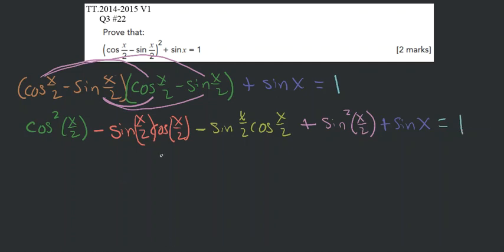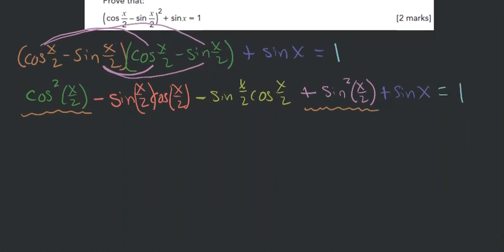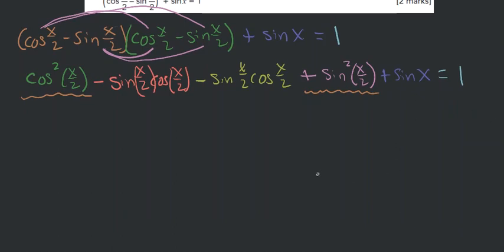Now what we're trying to do is make this left-hand side equal to 1. So it's not going to be too terribly difficult here. The first thing I want us to notice is that we have here cosine squared of x over 2, and here we have plus sine squared of x over 2. Now you have a formula somewhere on your formula sheet that says something like this: cosine squared x plus sine squared x equals 1.